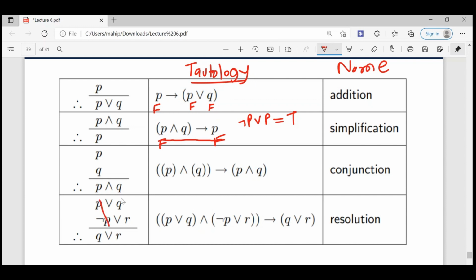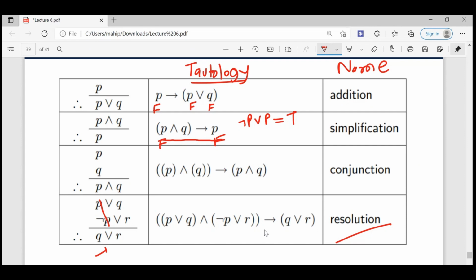We started with P, Q, R, but here we are getting Q and R, and it's called resolution. And we have already seen that this is a tautology, because the TF case is not possible. You can also apply other things, like simplifying this, or even take the help of a truth table.